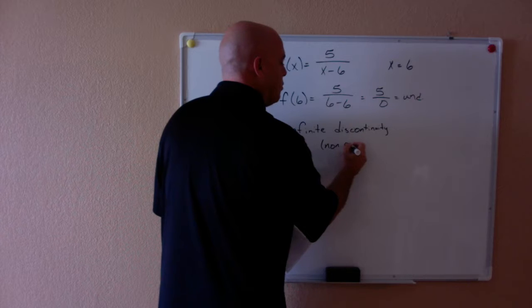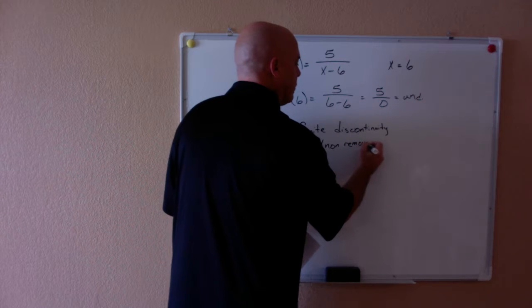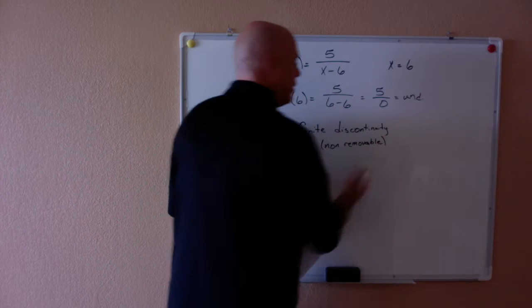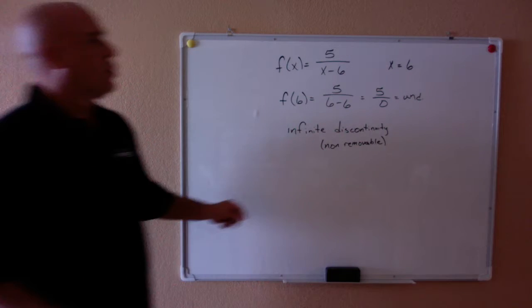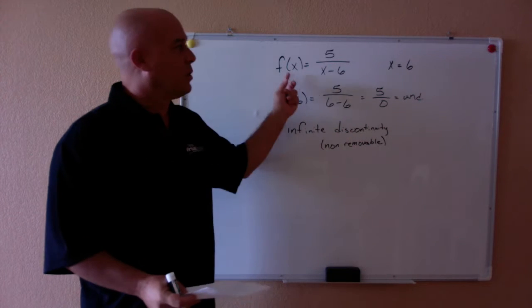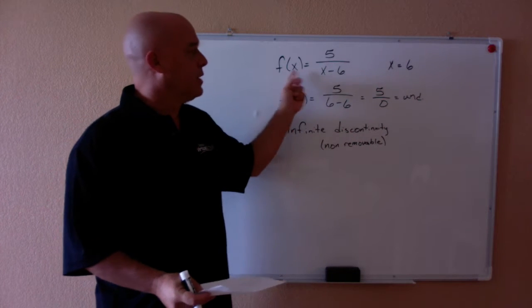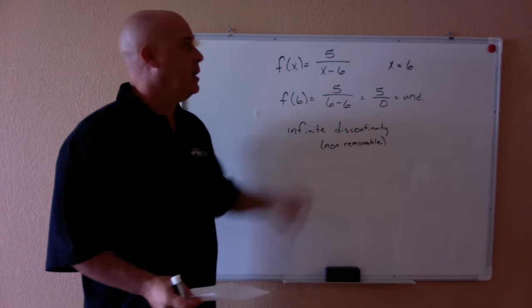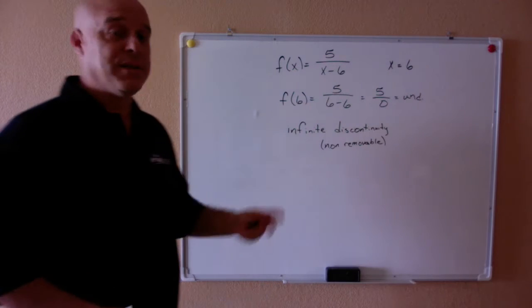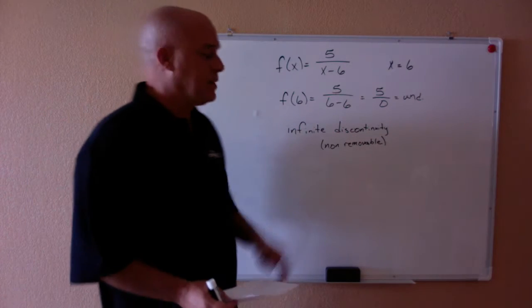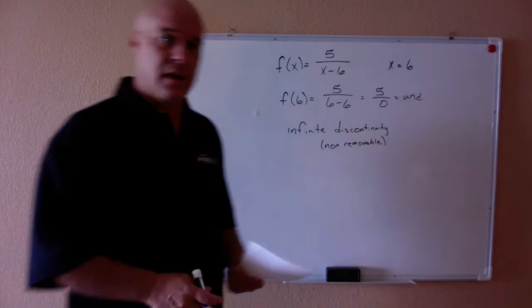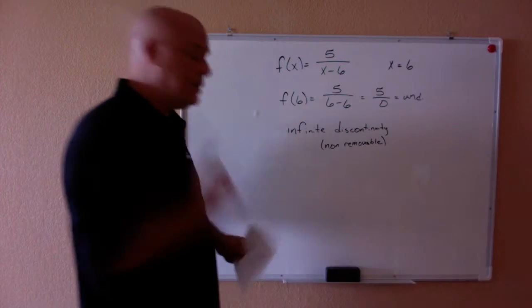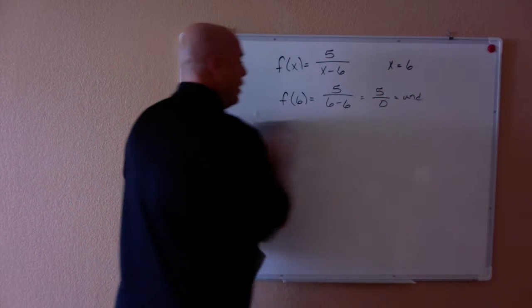We cannot remove the problem. Okay? So if you have some kind of function like this where the value of the function doesn't exist at the point that you're interested in, you can't remove that problem by simplifying the function, then this is a non-removable infinite discontinuity. Okay? We didn't satisfy condition 1.